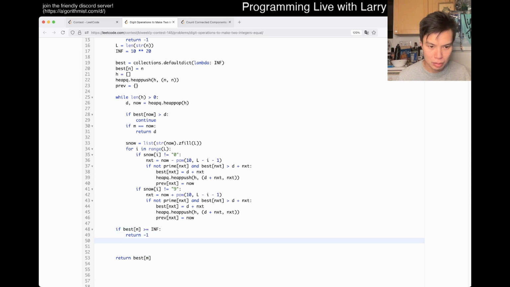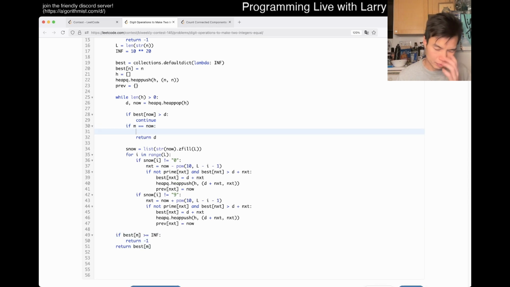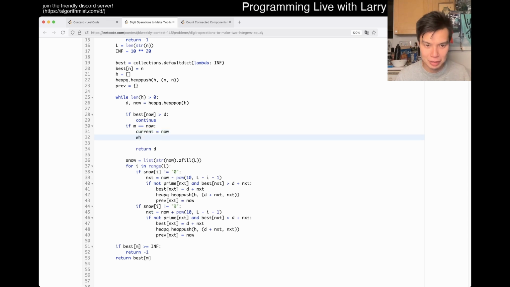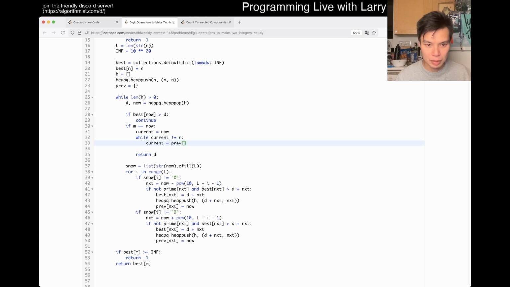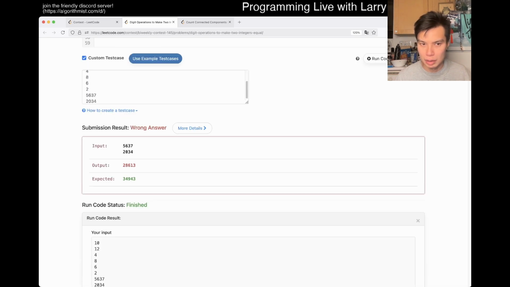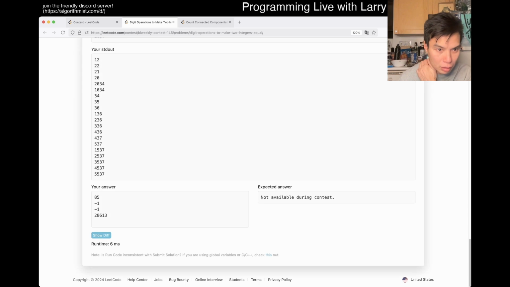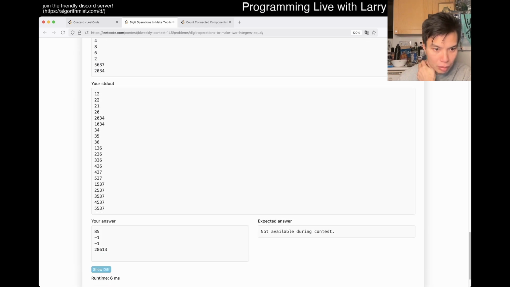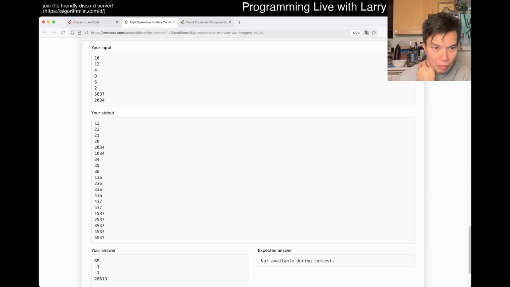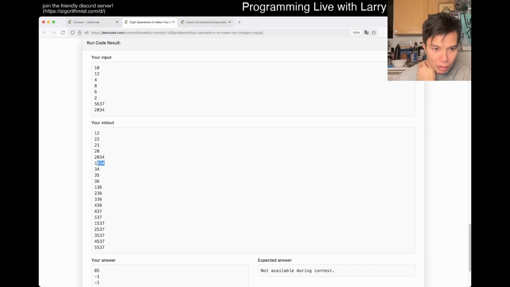Okay, so let's take a look. So okay, so we have where are we? Oh, it's backwards. That's why I forget. 2034. So we're 34, 35.